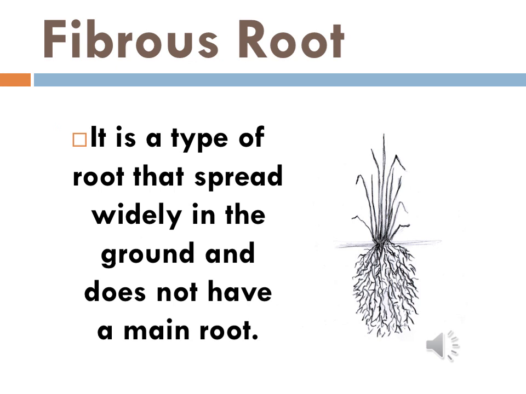Fibrous root is a type of root that spreads widely in the ground and does not have a main root. Means the fibrous root system is the opposite of the taproot system. In the taproot system, we saw that there is a single dominating root that grows downward, but there is no single dominating root in the case of fibrous root.